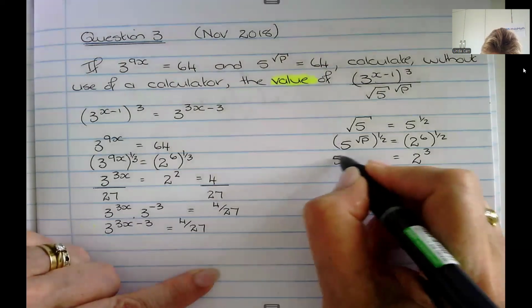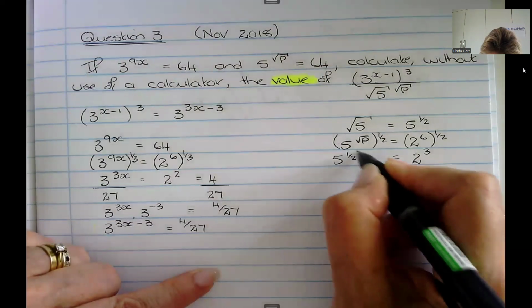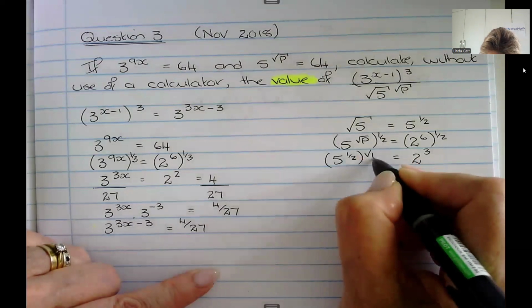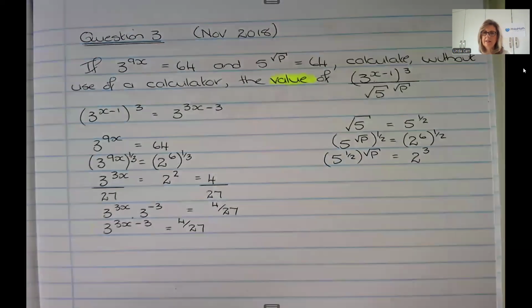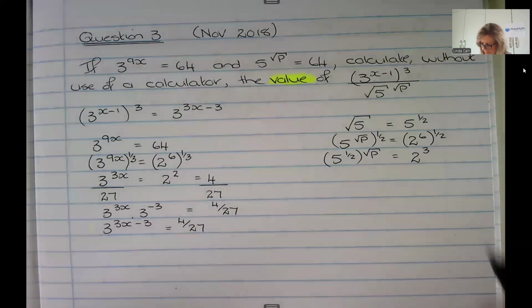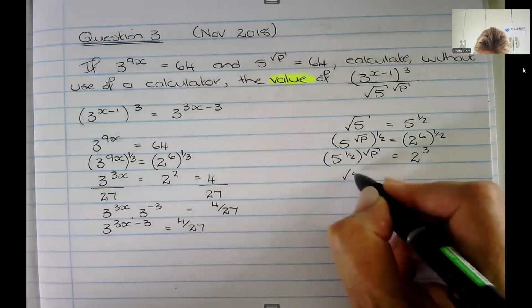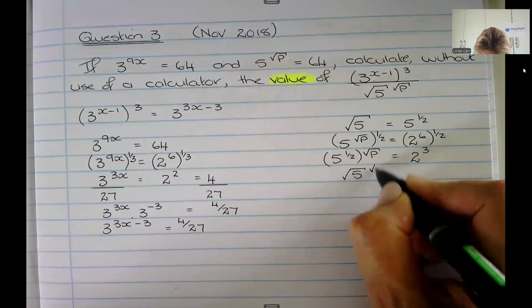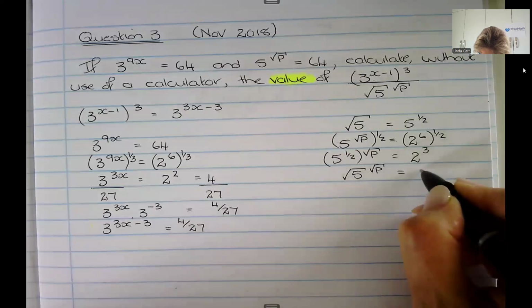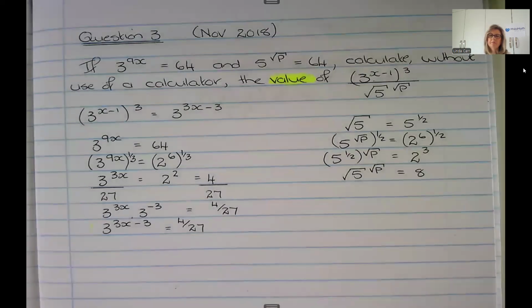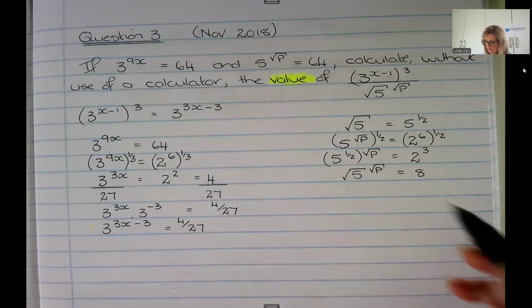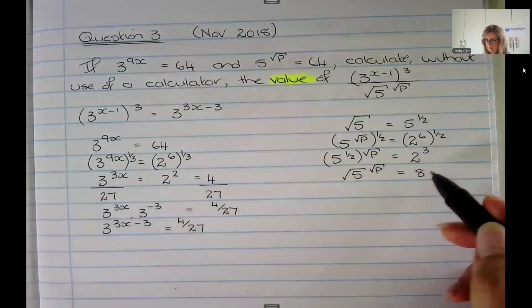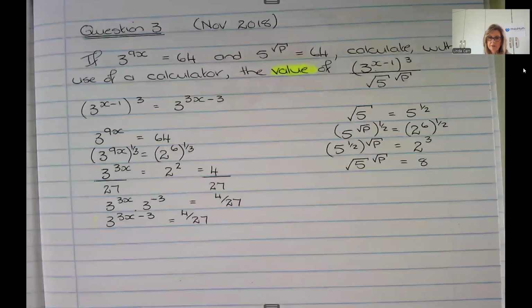So multiplication is commutative. I can also write it like that. And that is the same as root 5 to the root p is equal to 8. So what have I got? I've got that my denominator is equal to 8.